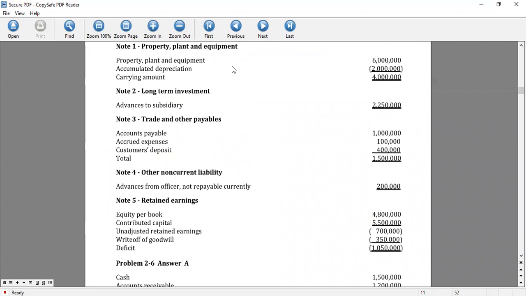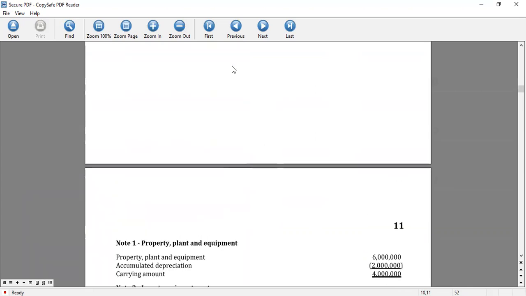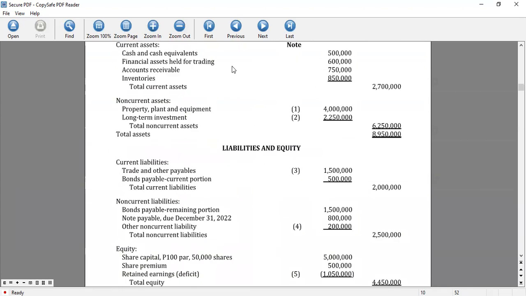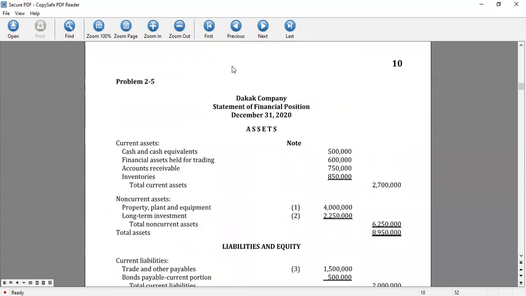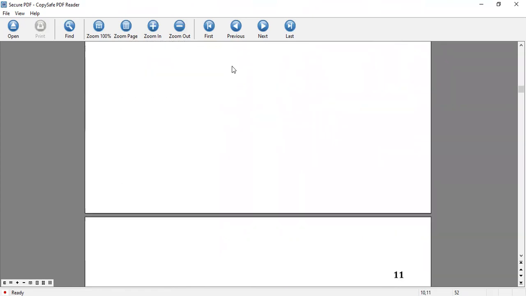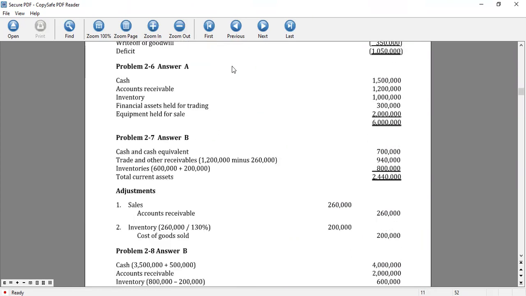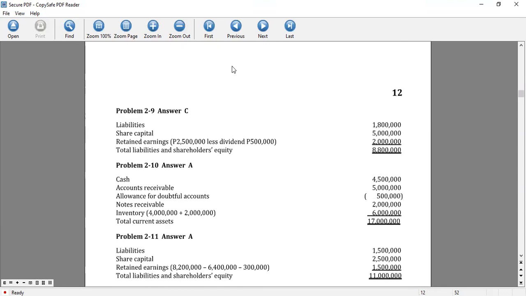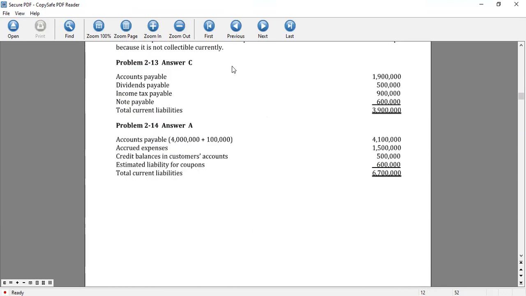For the question in 2019, after we have finished the straight problems, now we have done the multiple choice problems.